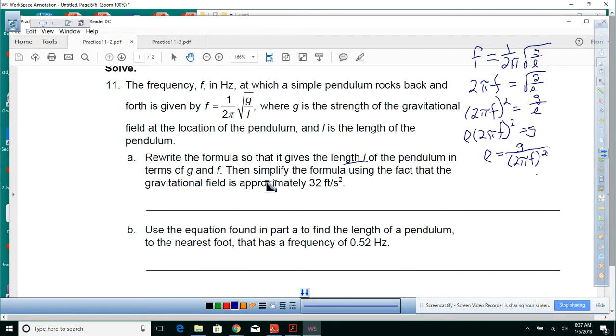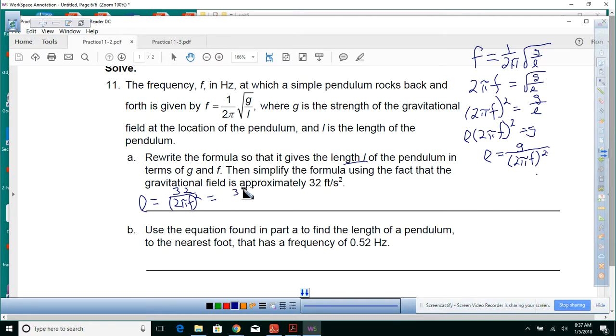All right, now we did that. Then simplify the formula using the fact that the gravitational field is approximately 32 feet per second squared. So we're going to put a 32 in here. So we've got L equals 32 over 2 pi f squared. Well, I can do some simplifying here.